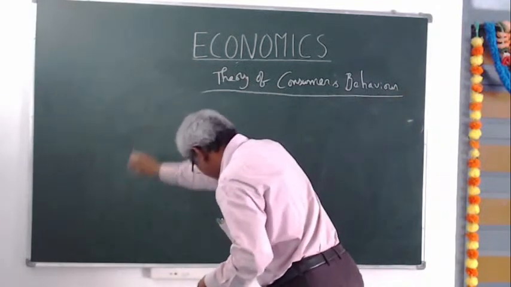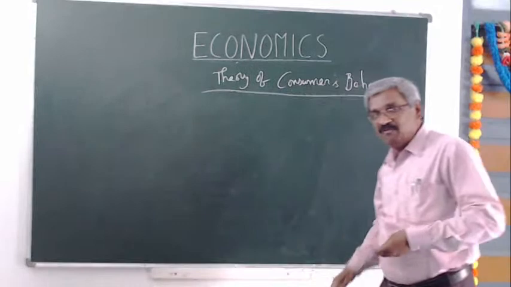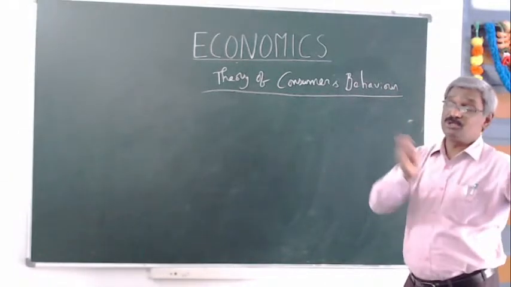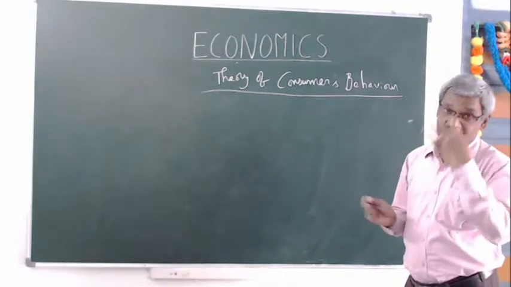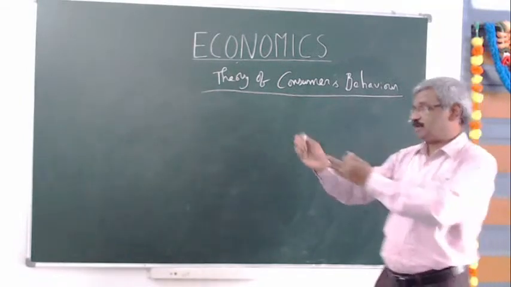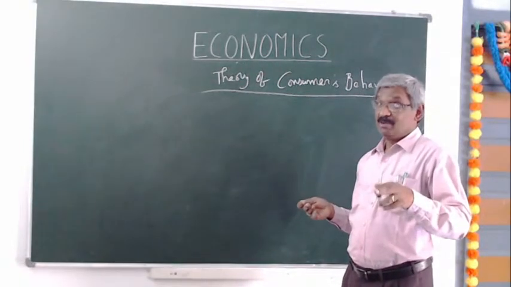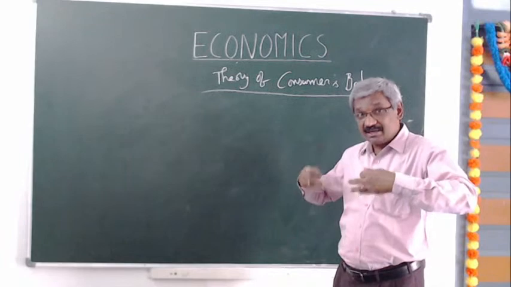So what is consumer behavior? Every consumer's behavior is different from one consumer to another. Every person's wants are different from another person's wants. Because every person's behavior is different.